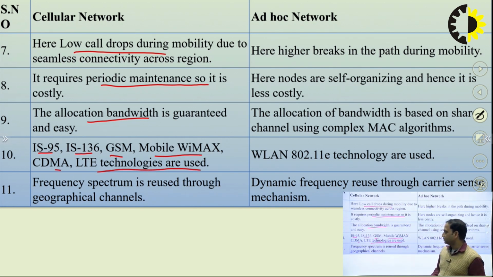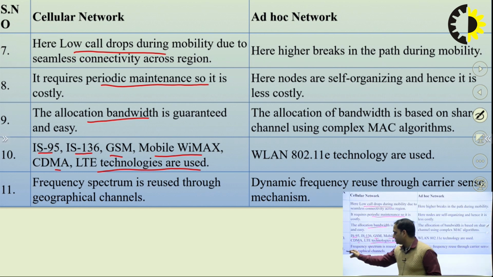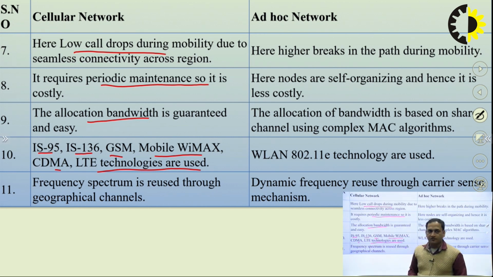All the 2G, 3G, 4G and 5G systems again use cellular networks. Frequency spectrum is reused through geographical channels. So these are the characteristics of the cellular network.